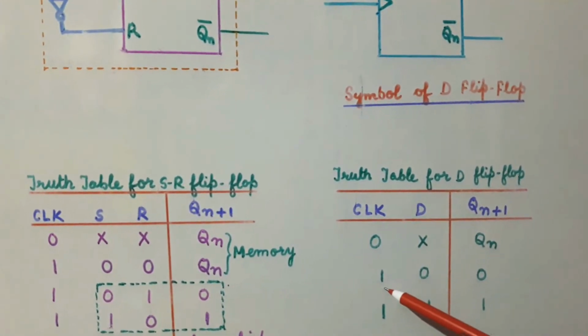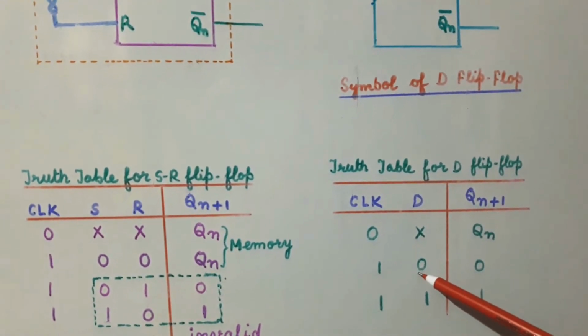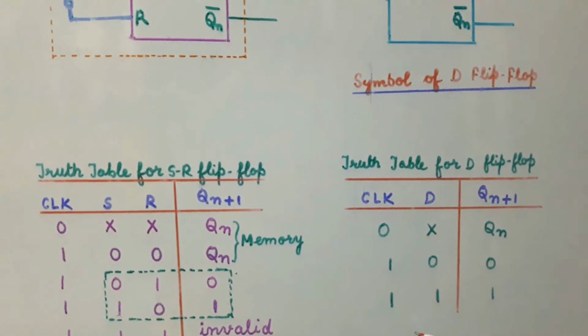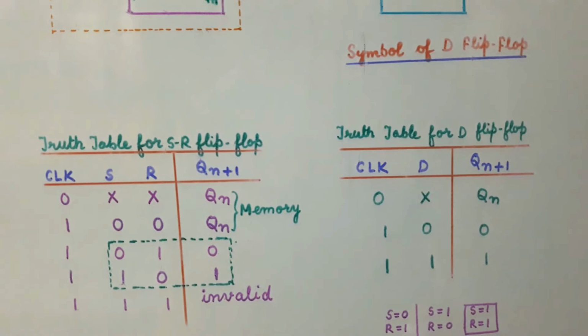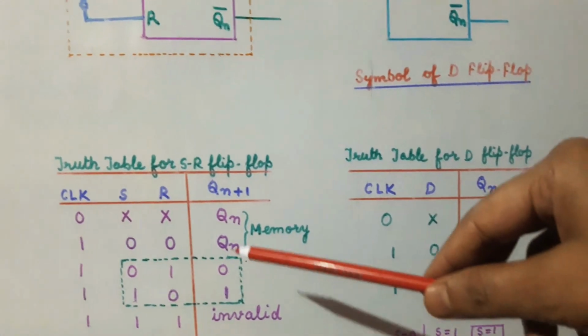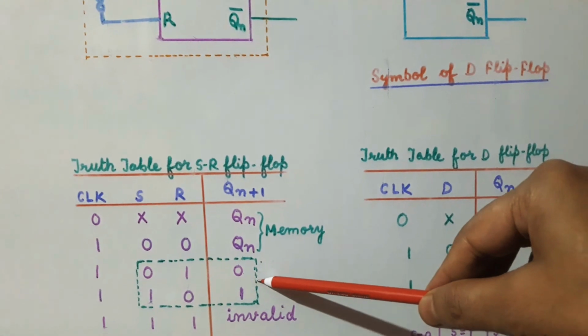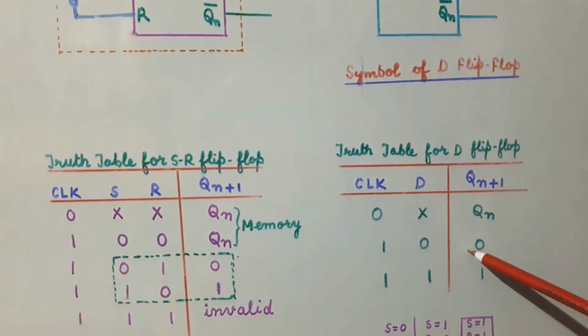Now when the value of clock is high and the value of D is low, it means that S will be equal to 0 and R will be equal to 1. And from this table we find that when S is 0, R is 1, then the output Qn plus 1 is 0. So in this case, the value of Qn plus 1 will be 0.